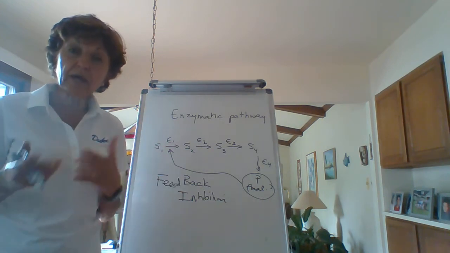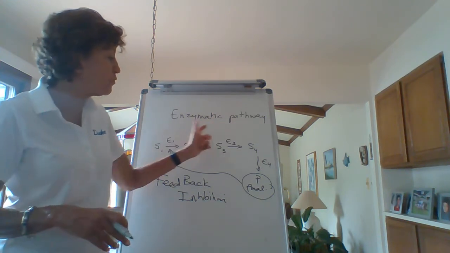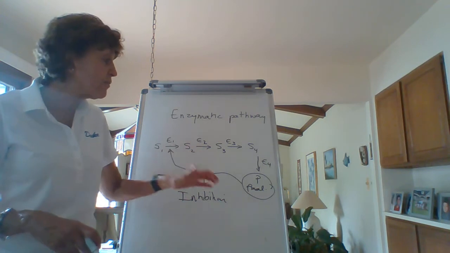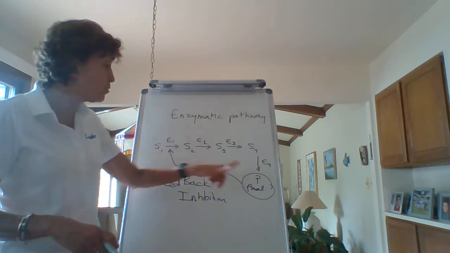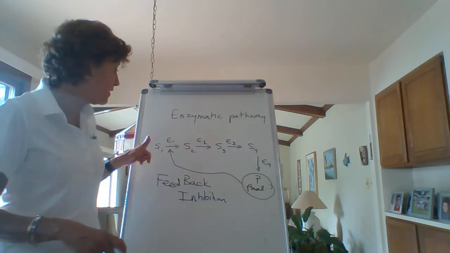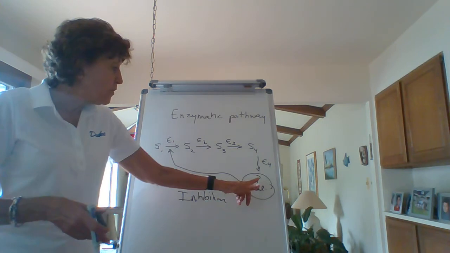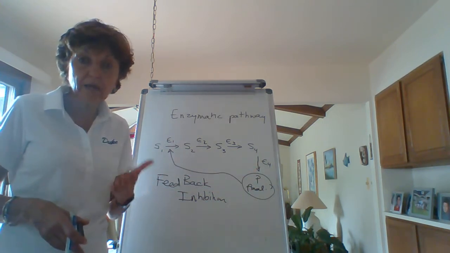Would this be competitive or non-competitive? If you have a pathway and you've gone through all these steps and now you have a final product, it's very, very unlikely that this is going to look exactly like this substrate. If it doesn't look like this substrate, no way on earth is it going to compete for the active site. So it's going to be non-competitive inhibition.